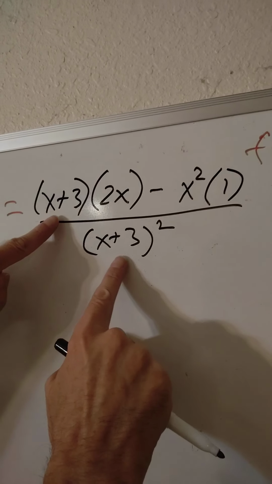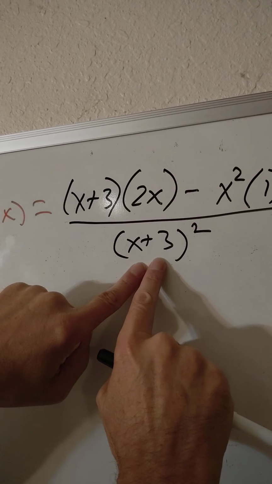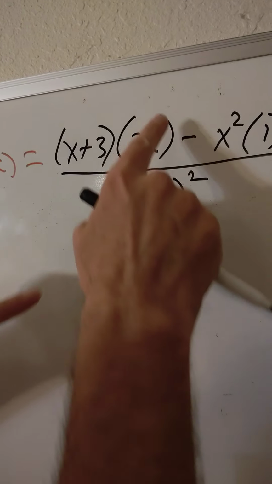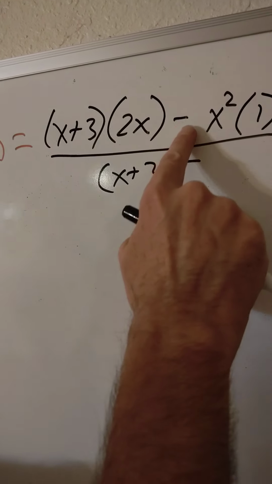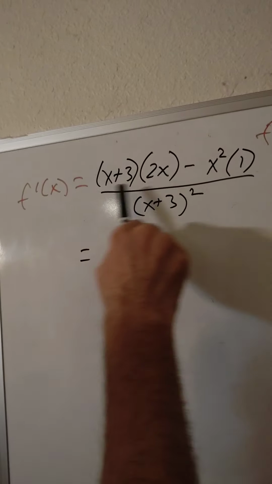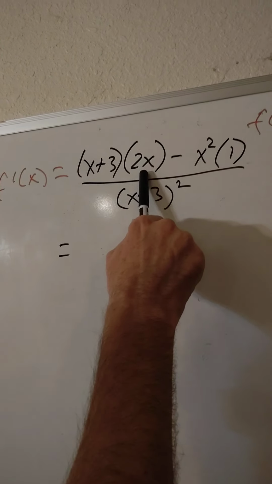It's tempting to cancel these factors, leaving one of these downstairs, but you can't do that because of this minus sign. You cannot cancel terms. This is a term here. Terms are separated by pluses or minuses. So in this case, what you always want to do is simplify the numerator. Leave your denominator in factored form. So distribute the 2x.